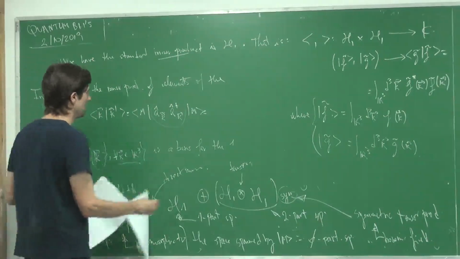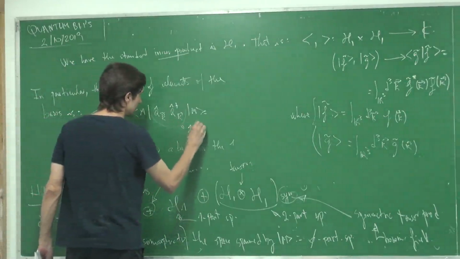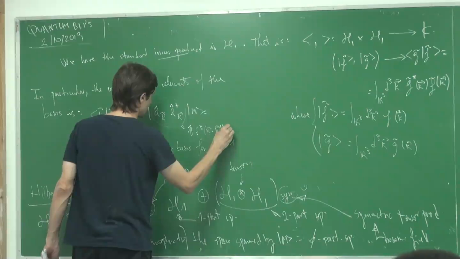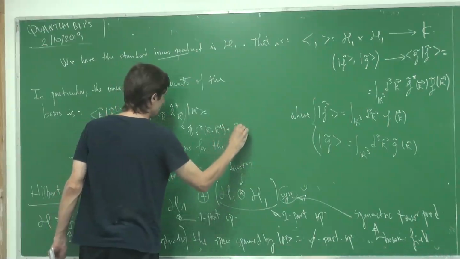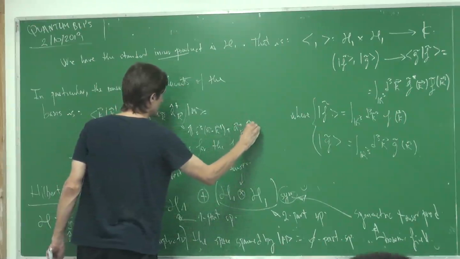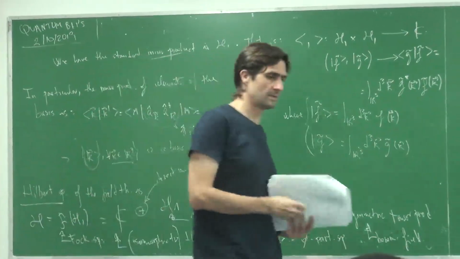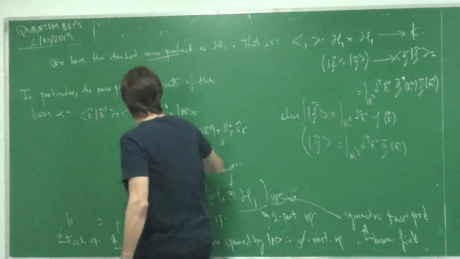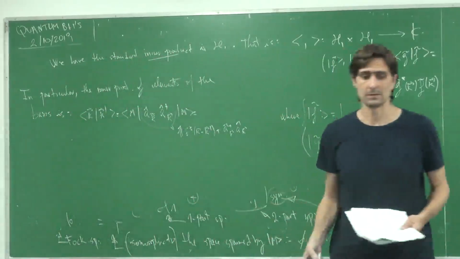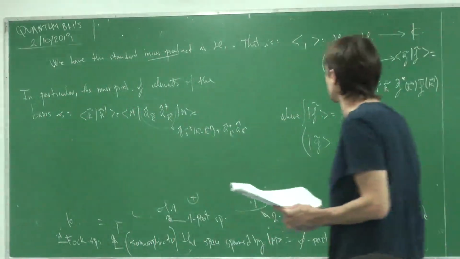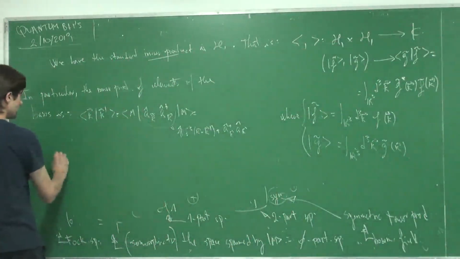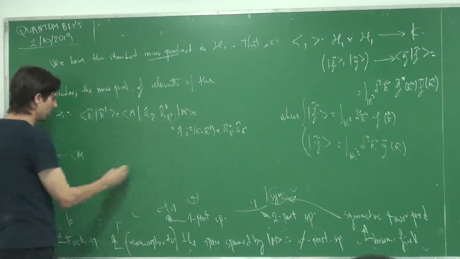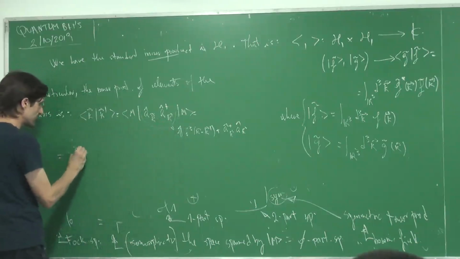So A A dagger is 1 plus A dagger A. The unit operator, first of all, the distribution, you just take it outside.